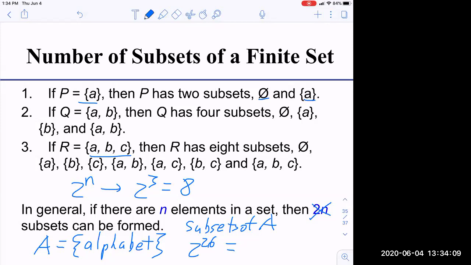That's a huge number. 67,108,864. So there's over 67 million subsets of A.